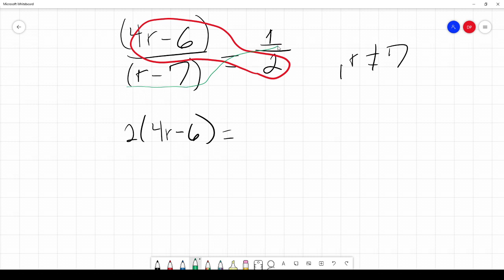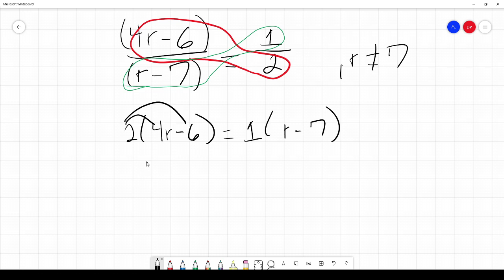And then we have our other 2 parts, so the bottom times the top. Let's go back to black. 1 times, and then use your parentheses, r minus 7. And so now, we want to distribute.